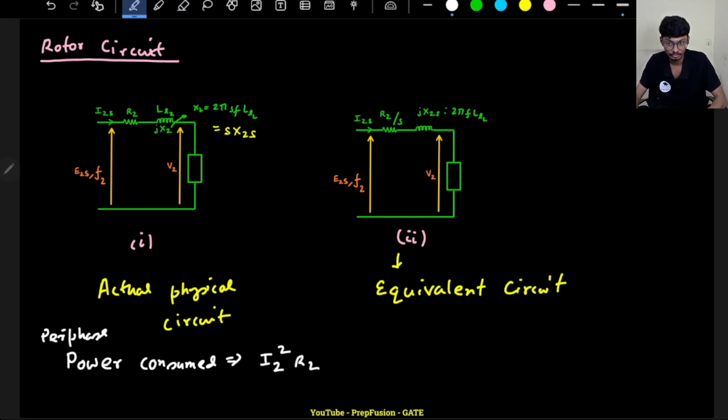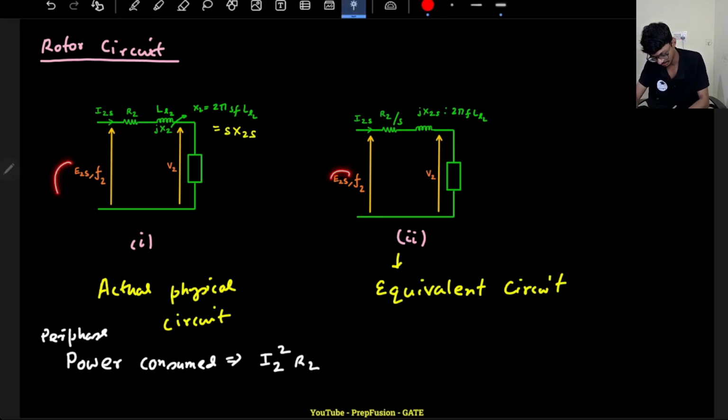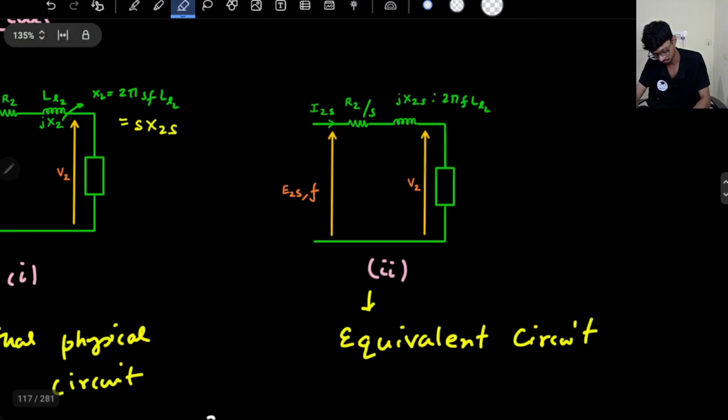And what is I2 equal to? Here it is E2S, here also it is E2S, but here the frequency is F simply.